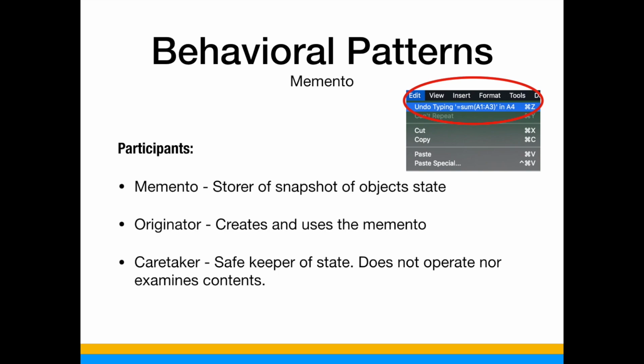Somewhere meaning the caretaker, which is the safekeeper of the state. Essentially, that stack of each time I type is keeping a small memento of the entire document that I can go forwards or backwards depending on my current stack.